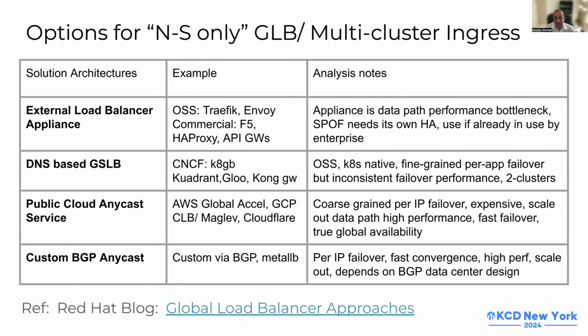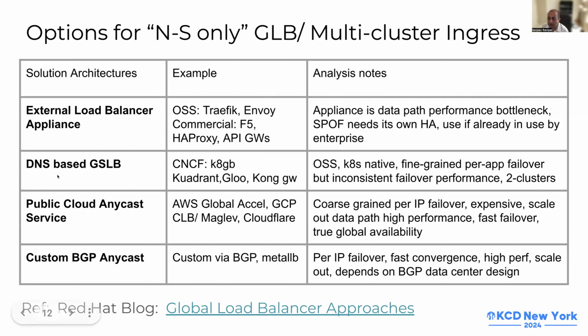But you may want to use the solution, especially if your enterprise is already using such a load balancer for other purposes, right? Very often an enterprise might already have an F5 or an HAProxy load balancer, and you might as well use that. So that's sort of category 1 of solutions.